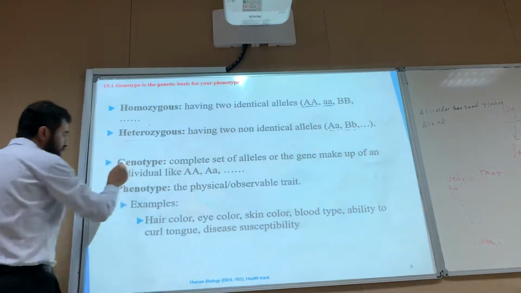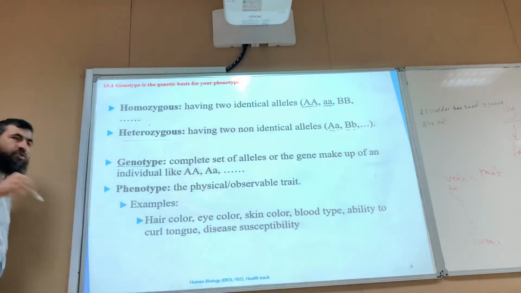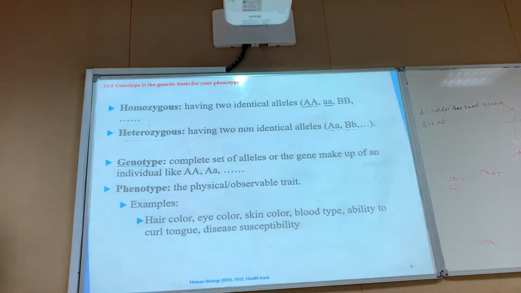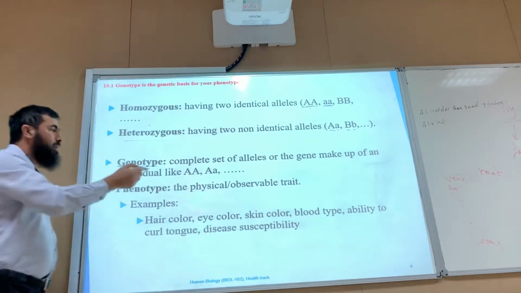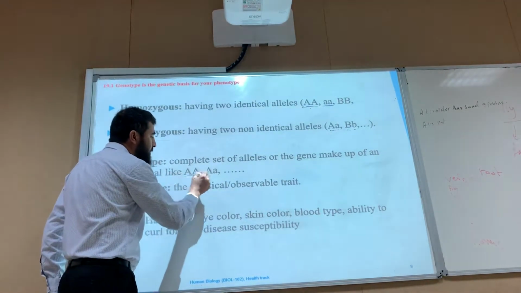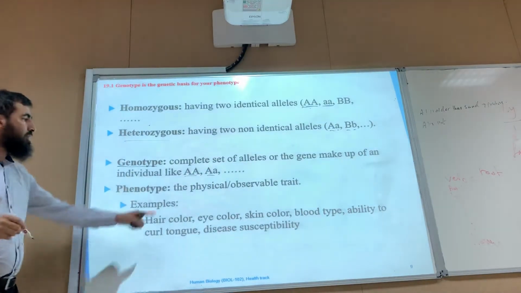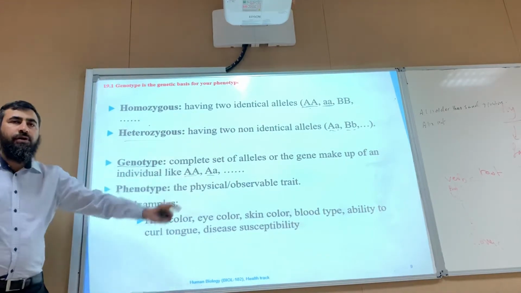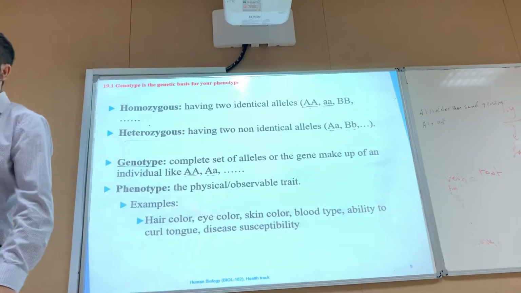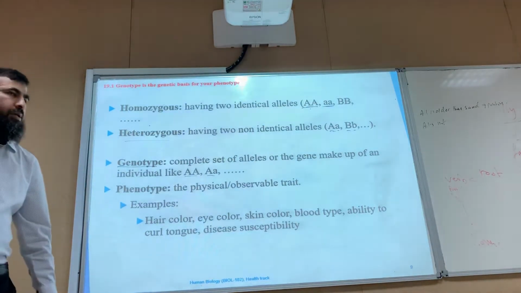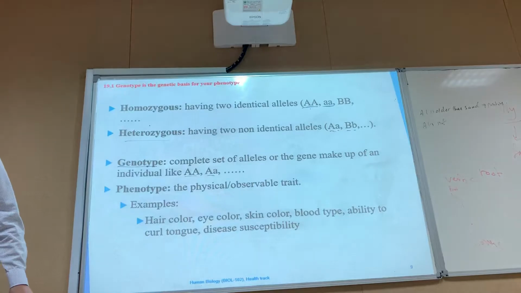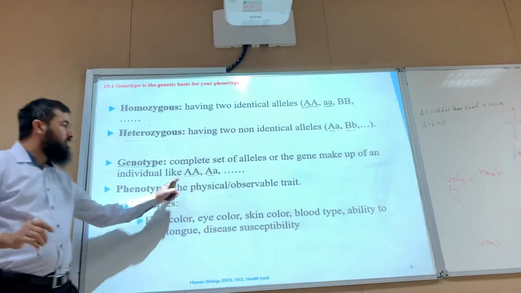And so we talked about the genotype. The genotype refers to the genetic makeup of an individual. For unattached earlobes, because this is dominant, I could have any one of these.